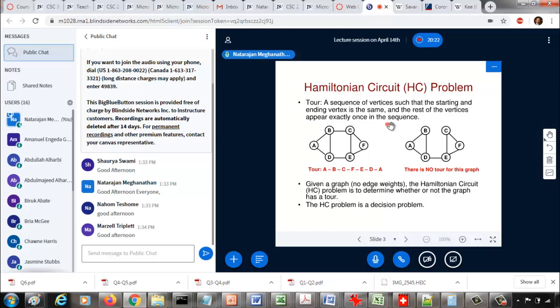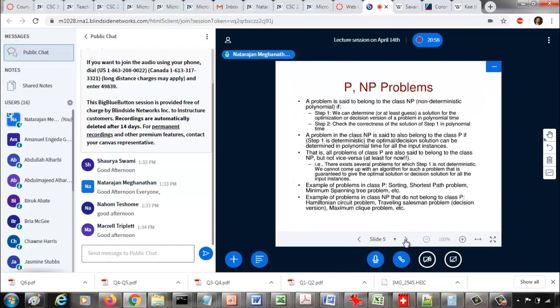So that means you have algorithms, but if you run that algorithm on a graph, it may say no, the graph does not have a tour, but the graph may actually have a tour. It may not go the other way. If the graph does not have a tour, it won't say the graph has a tour. But it could give you what are called false negatives, in the sense that the graph may have a tour, but it may say the graph does not have a tour. Okay, so that's where the non-deterministic nature comes in.